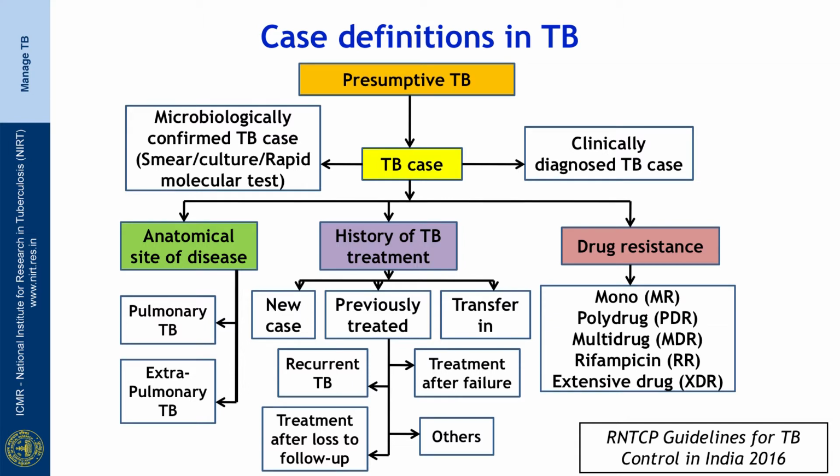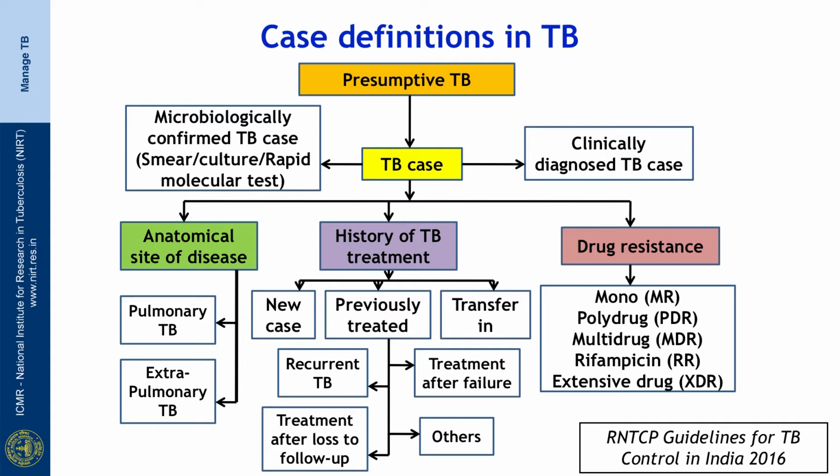If this child has taken treatment in the past, it is called a previously treated case, where it could be someone who was completely treated and it has come back, when it is called recurrent TB, or it could be after loss to follow-up, someone who was in the past called a defaulter, or it could be someone who has failed on first line therapy.